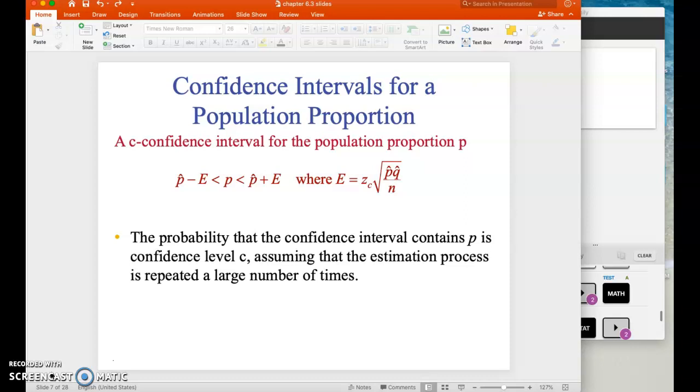In this case, our point estimate is P hat, and we add and subtract the margin of error E, where E is the critical z-score multiplied by the square root of P hat times Q hat divided by N. The probability that the confidence interval contains the population proportion P is confidence level C, assuming that the estimation process is repeated a large number of times.